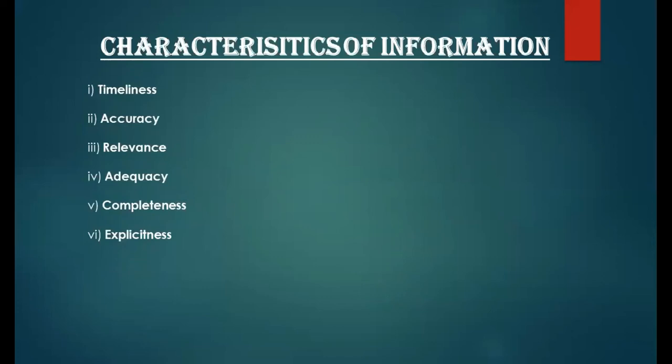Now we'll talk about the characteristics of information. Information is the processed data which should be available according to the time. That is timeliness. When we talk about timeliness, the information should be provided on time with all its reports and facilities, which we can use in an organization to make decisions at the appropriate time.